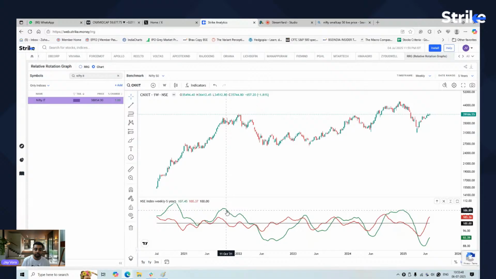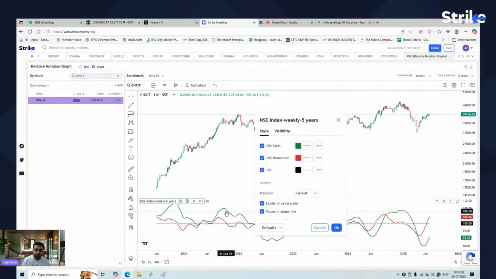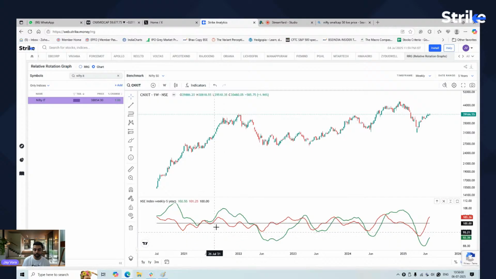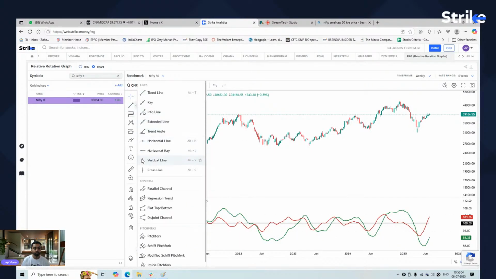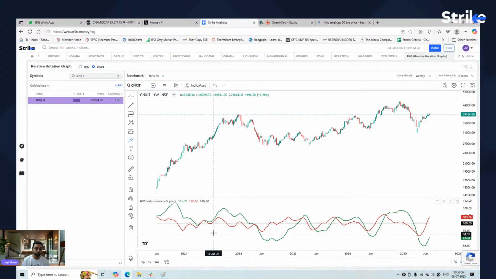Now if you want to know which line is what, you can simply click over here if you get confused, and you will see over here that the JDK momentum is the red line, the ratio is the green line. Okay, now you will observe, always, you will see momentum turning around first and then RS ratio.